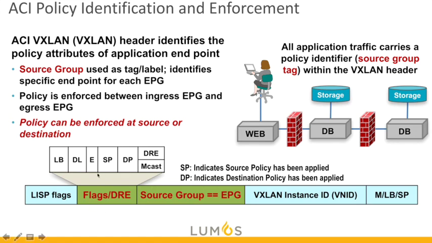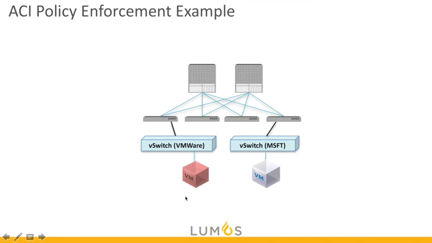As part of the flags part of the header, we have SP and DP. SP indicates the source policy has been applied. DP indicates the destination policy has been applied. So policy can be enforced at source or destination. And then the source group EPG. If you take a look at an EPG, if you look at the settings, you'll see a class ID. So that's what gets populated into that header.